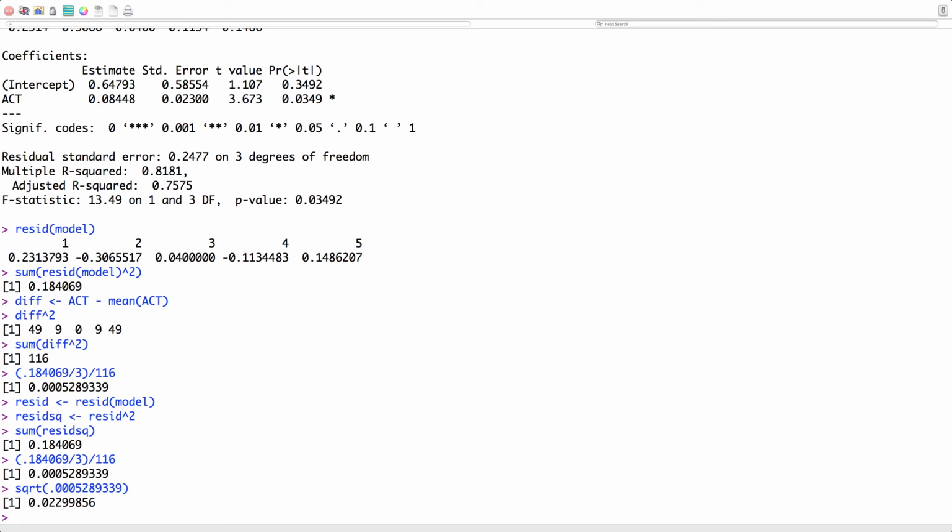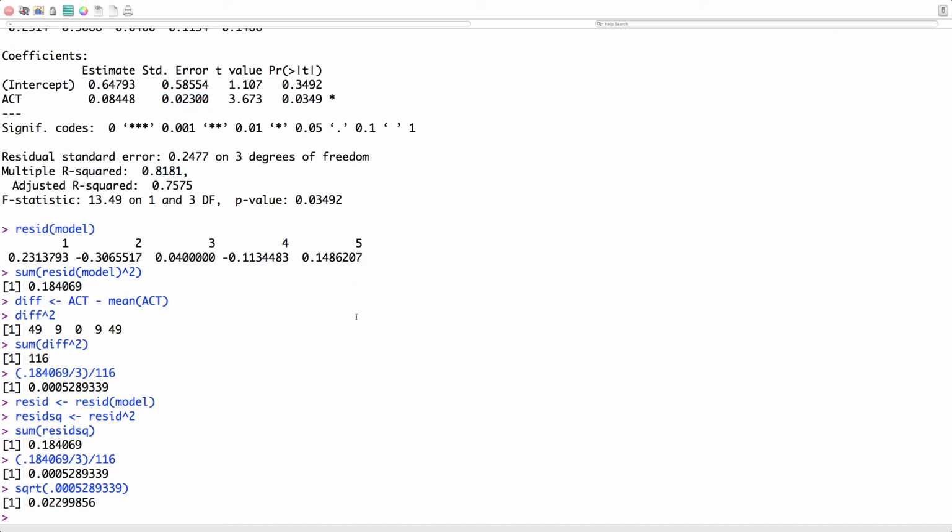Okay, I got a little ahead of myself there, because what we calculated there was the standard error squared, and of course we had to take the square root of that to get our standard error. So you can see now that 0.022998 is precisely what we started out with.